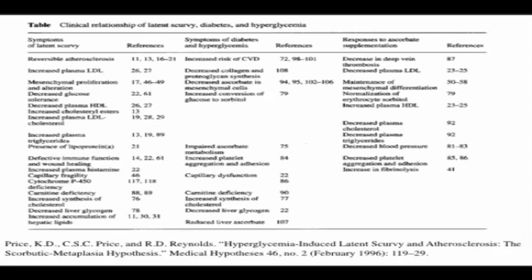So you have these signs of atherosclerosis, you have increased histamines, you have increased cholesterol, you have decreased carnitine deficiency. And so they are making the case that diabetes and heart disease are a form of tissue scurvy, and that's why diabetics will develop wounds that don't heal, and that kind of connection.